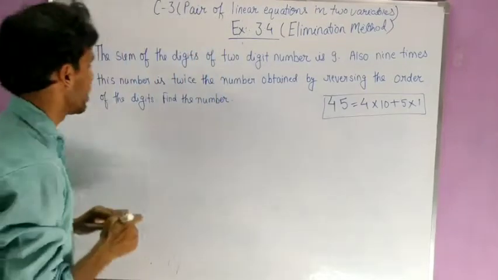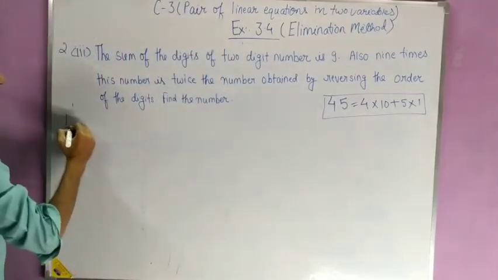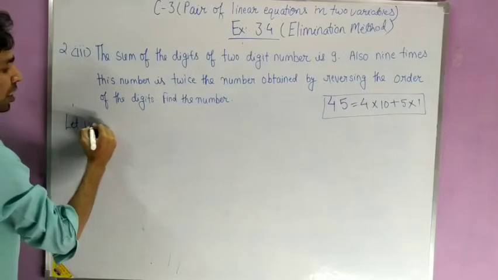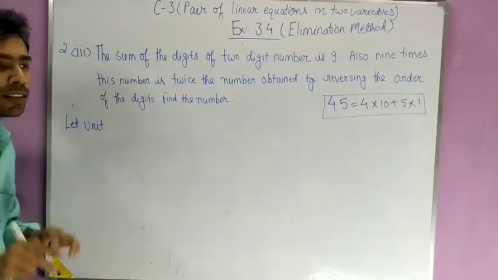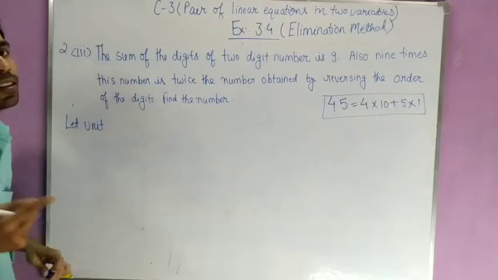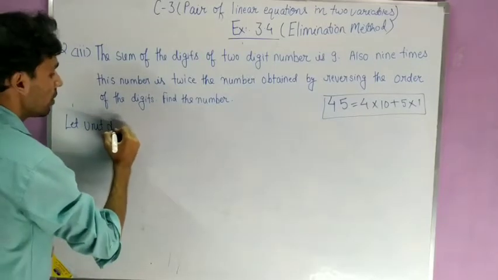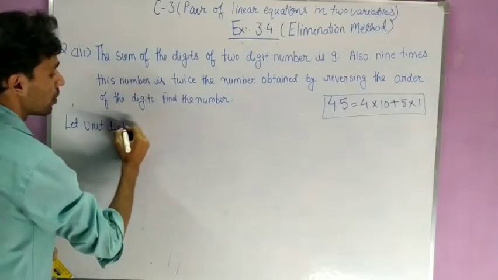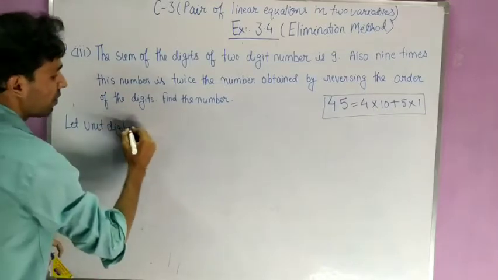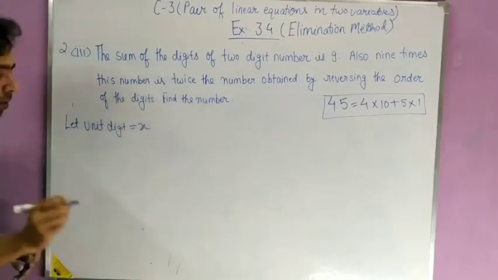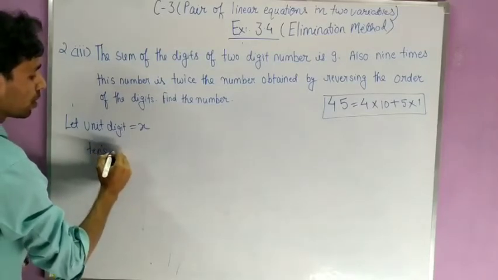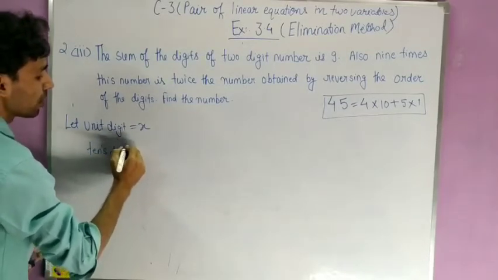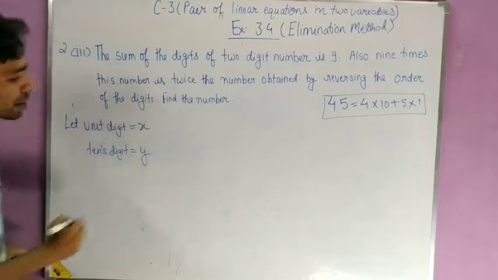So first we will assume. Let the unit digit be x, because in a 2-digit number there are 2 places, one is unit, the second is tens. Suppose I assume the unit digit is x, and the tens digit will be y.